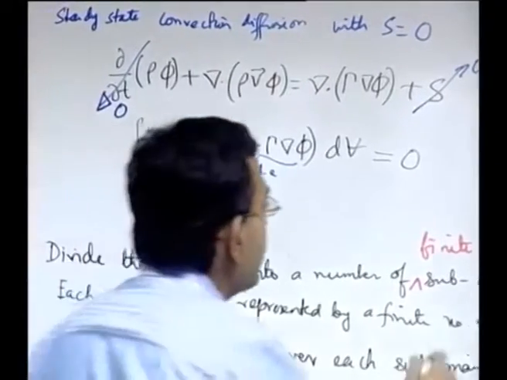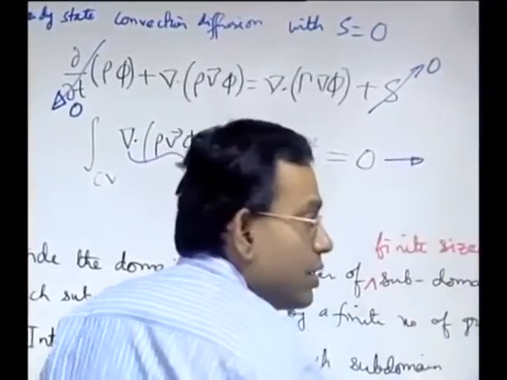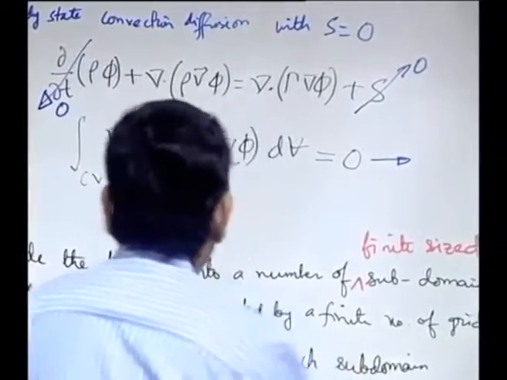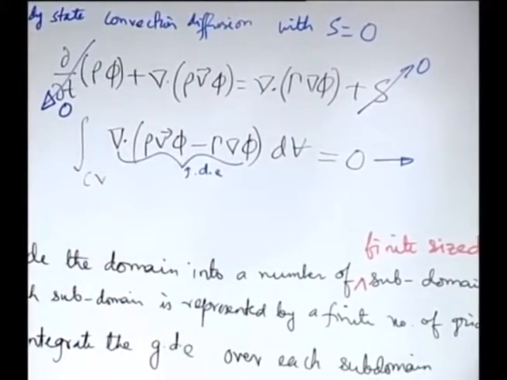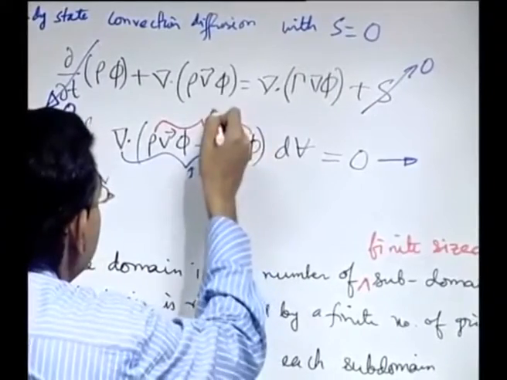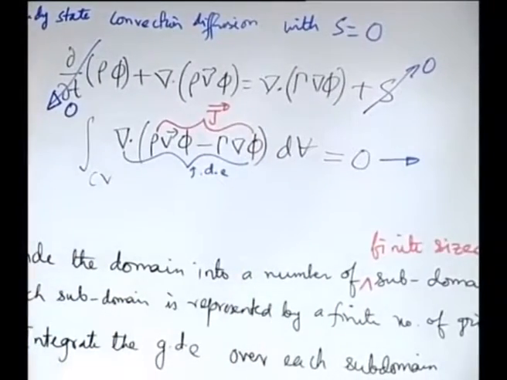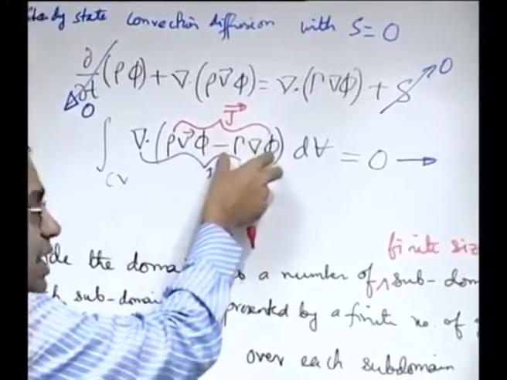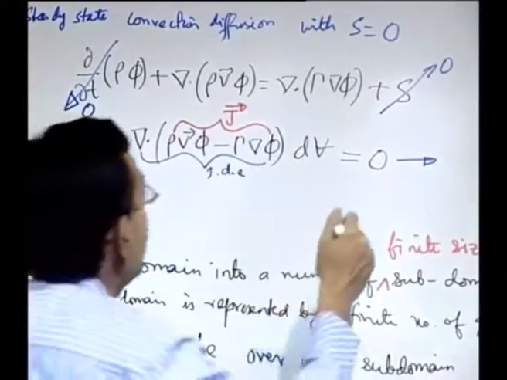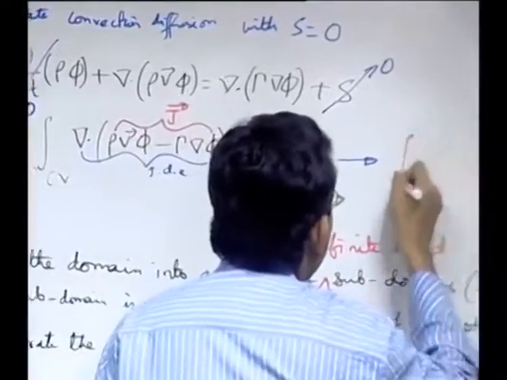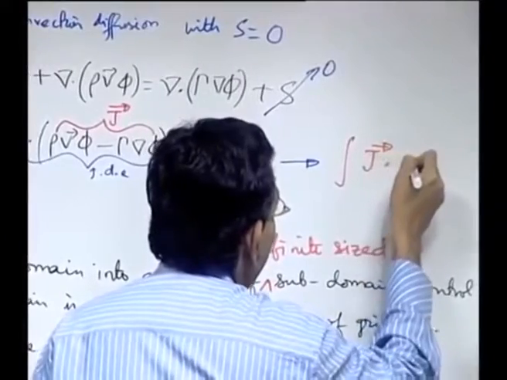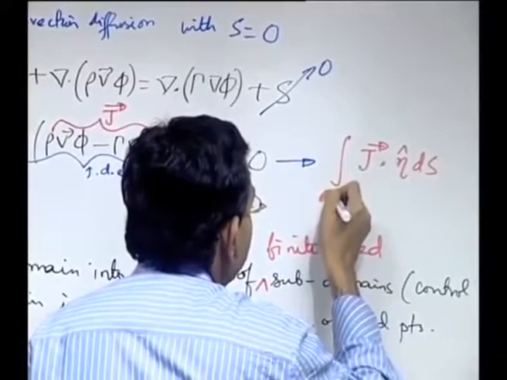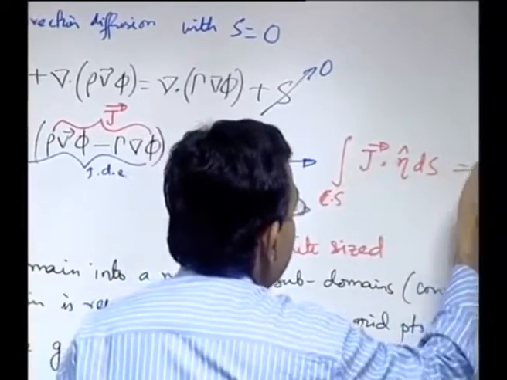Then it is possible to express this volume integral in terms of a surface integral by using the divergence theorem. If you recall, what is this physically? Physically it is the net flux J, where the first term is the advection flux and the second term is the diffusion flux. So we can write that the integral of J dot eta dS, where S is the surface of the control volume or the control surface, is equal to 0.